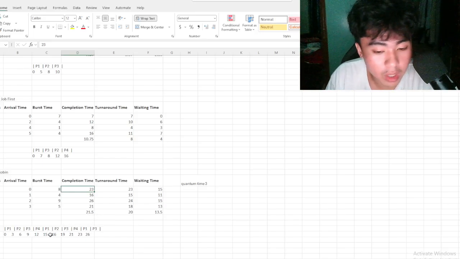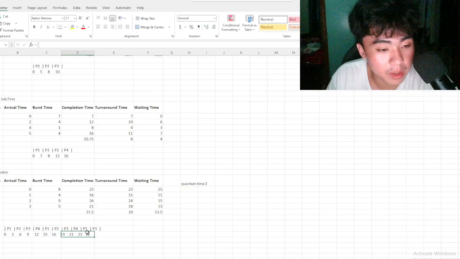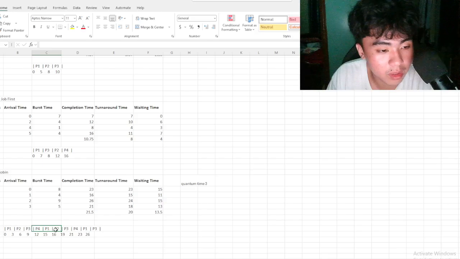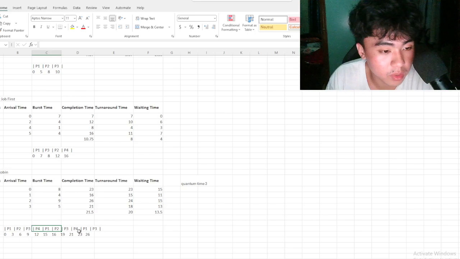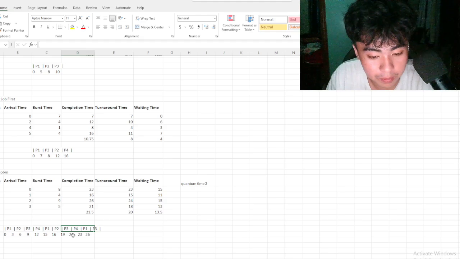The completion time of P1 is 23 since it ends at 23. For P2 it is 16, P3 is 26, and P4 is 21.